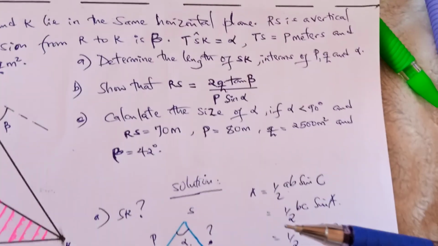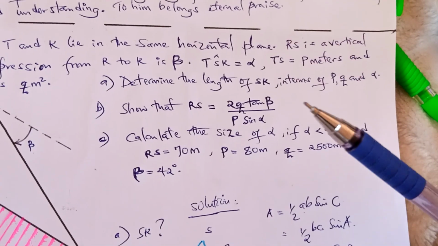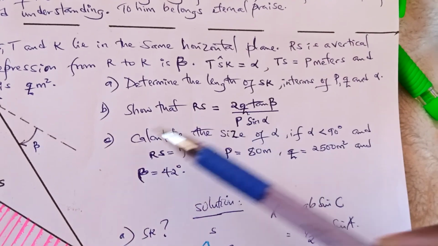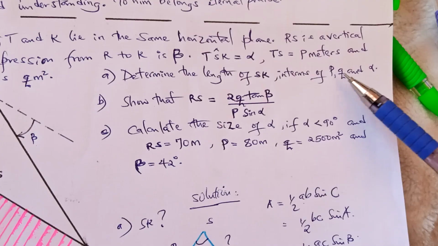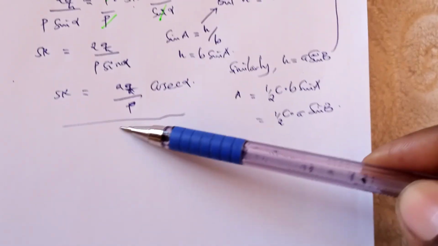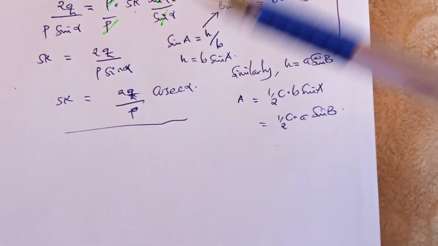That is the answer, the solution to the first one. We have P, Q, and alpha.